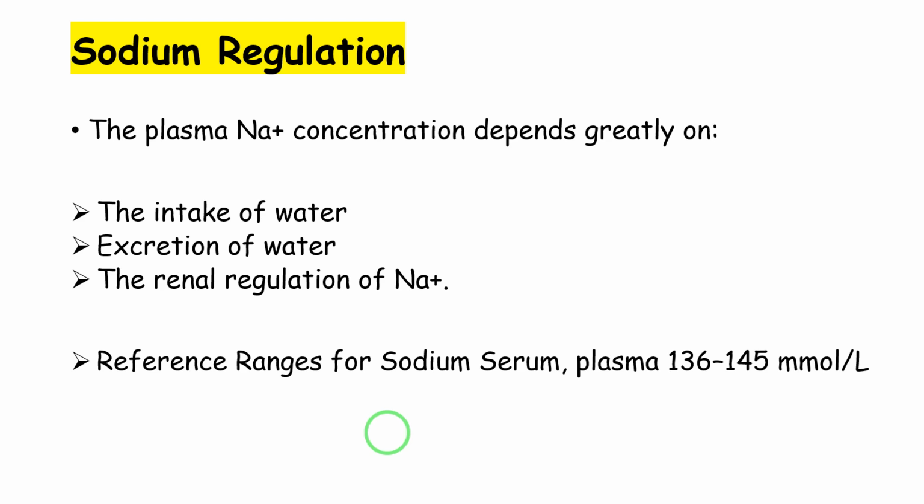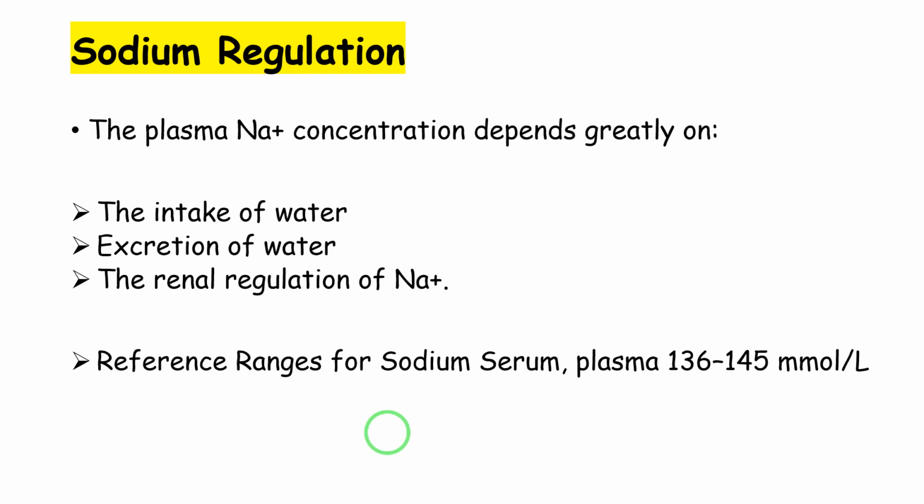One of the important questions is how the sodium is regulated within the normal range. This depends on the intake of water, the excretion of water, and the renal regulation of sodium. Water always moves in the same direction as sodium.